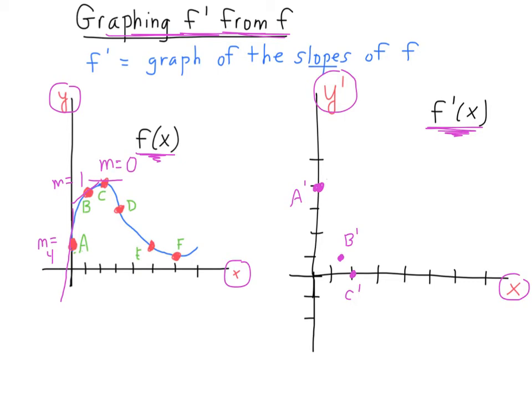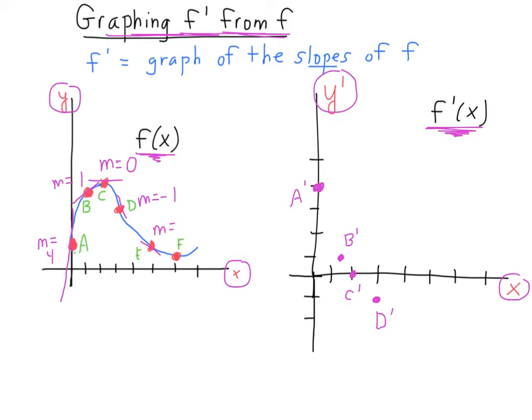So take a look at my point D. If we were to draw our tangent line in here, let's suppose that tangent line has a slope of negative 1, and let's say the x value at point D is 3. So when x is 3, my slope is negative 1. Now I'm down below the x-axis here. So 3, negative 1 is what I would plot. Let's suppose that at point E, our slope is not quite as steep.